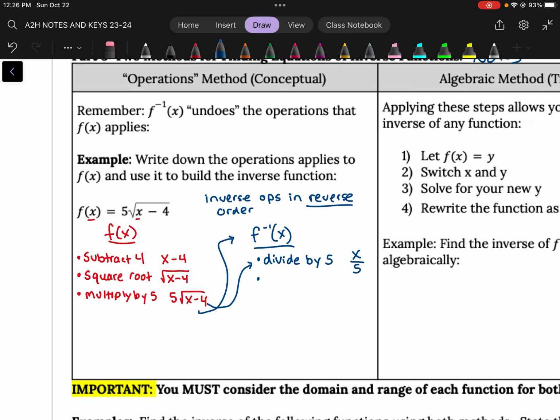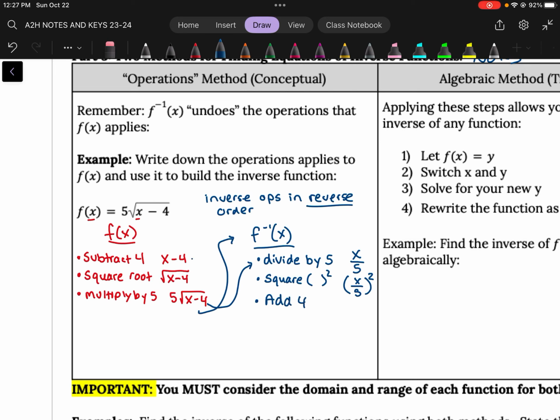Okay? The next thing I'm going to do is square. So I take this and I square it. The final thing I do is I add 4.